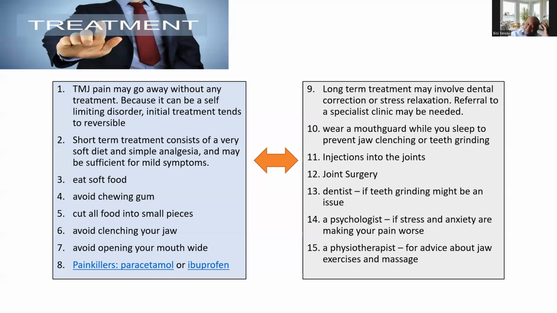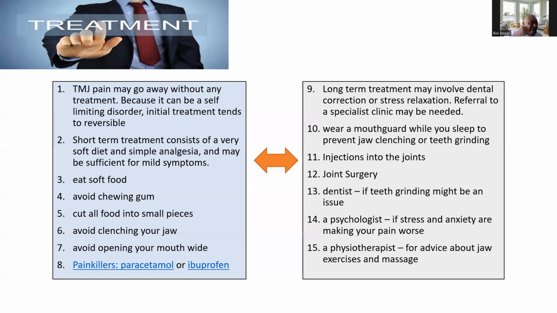Avoid chewing gum, like we said. Cut all foods when you eat. Use a small spoon. When you're eating rice, don't heap the spoon up, take little bits, so that you don't open your mouth wide. Usually with TMJ, most patients, even before pain comes, hear the clicking.